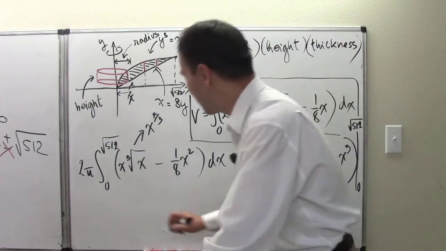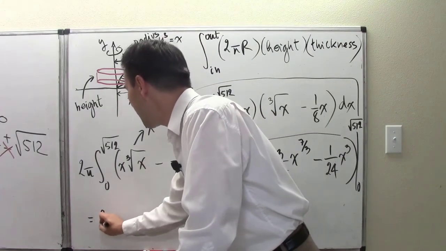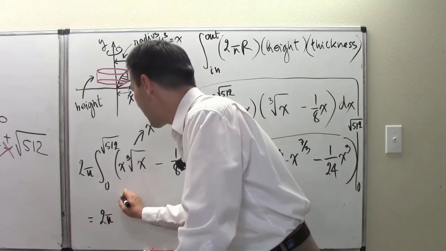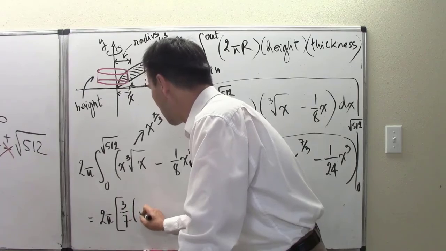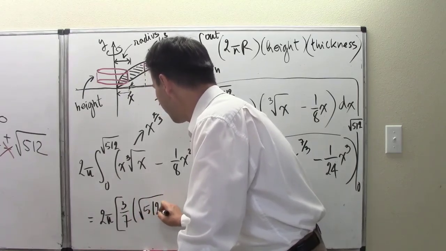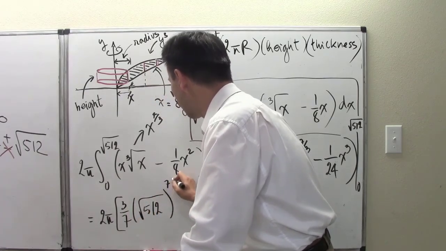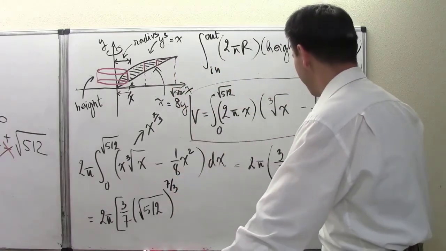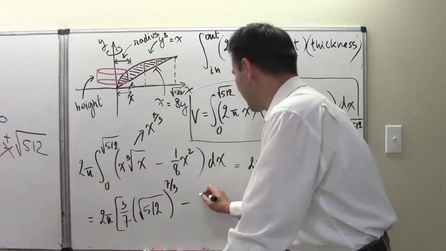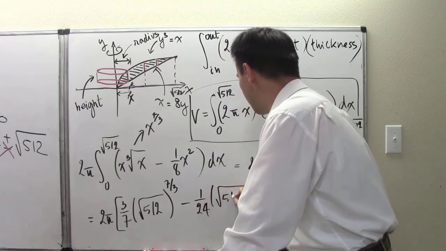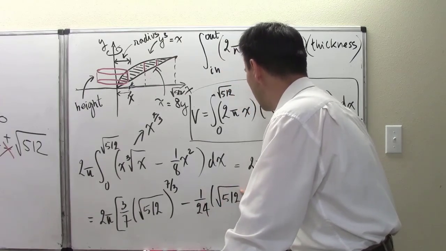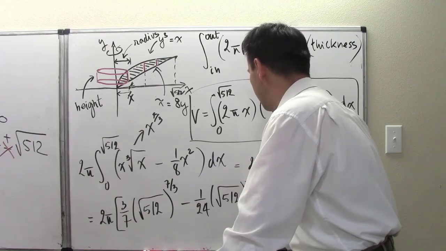Now that will give me, as an actual calculation, 2 pi times 3/7 times square root of 512 raised to the 7/3 power. And then I'm subtracting 1 over 24 times square root of 512 to the 3rd power.